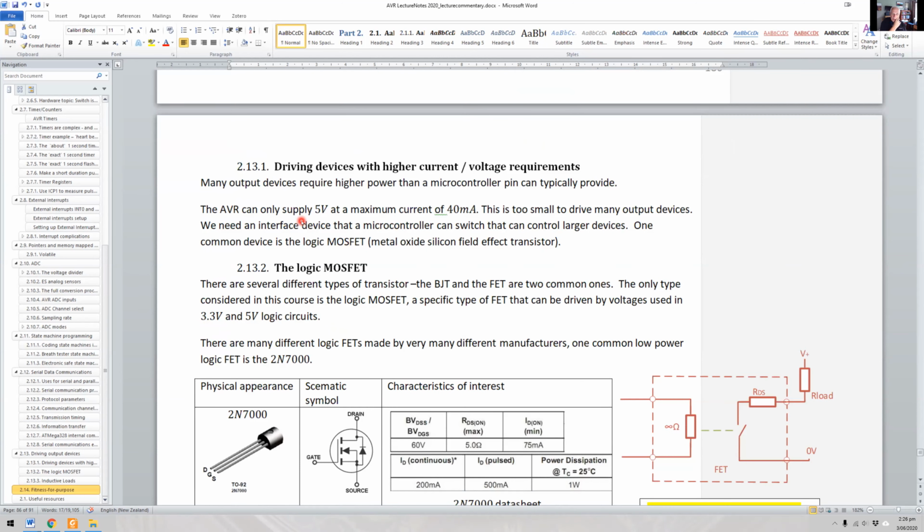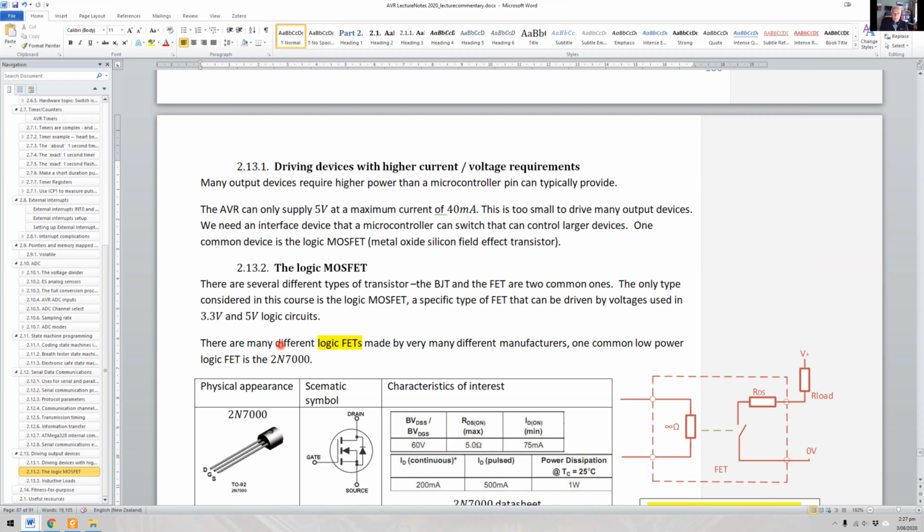And there are a couple of really important things about MOSFETs. The most important thing is that there are logic MOSFETs, okay? Now logic FETs are designed to be driven by low voltages as used in microcontrollers.